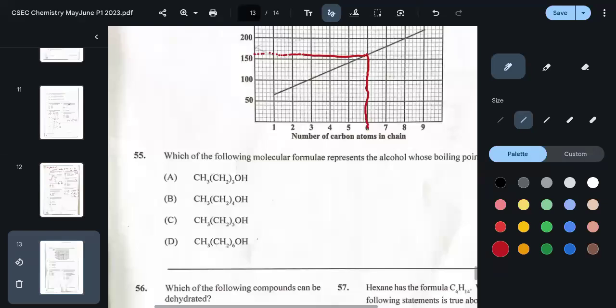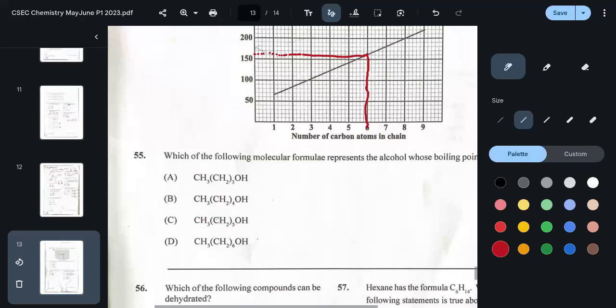Just count up the carbons. Which one has six carbons? Let's see. So it's C. This is saying you have three CH2 groups, so that's three carbons plus one, that's four, plus one is five, plus one, six.